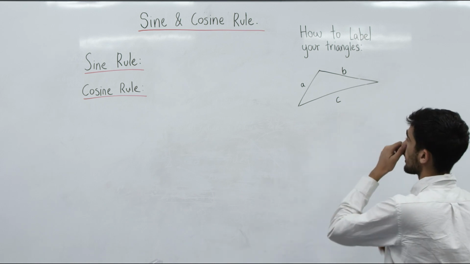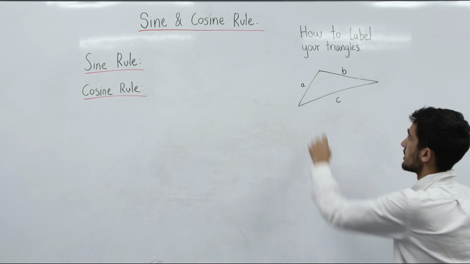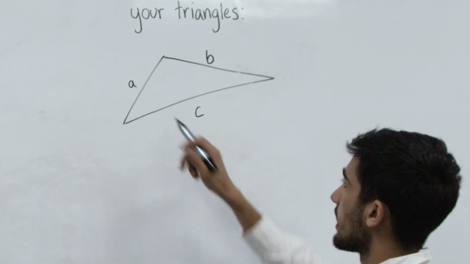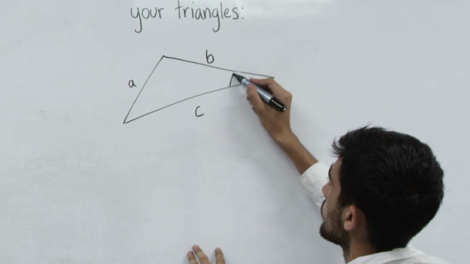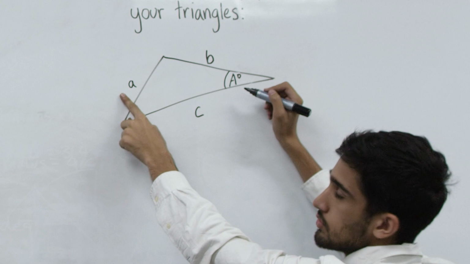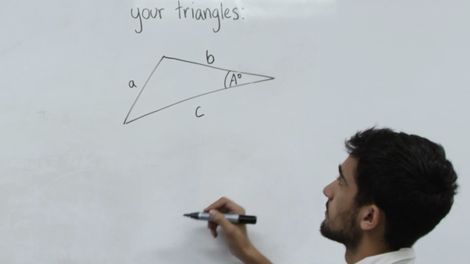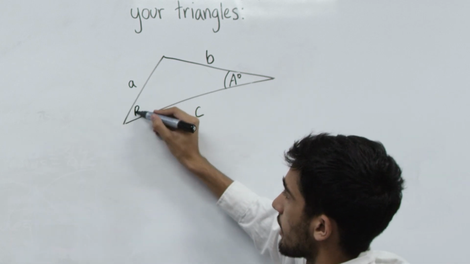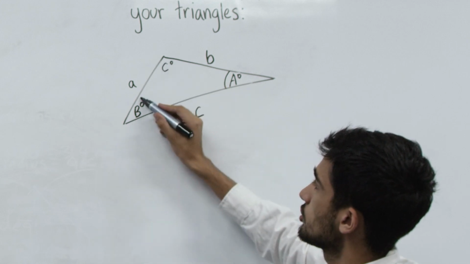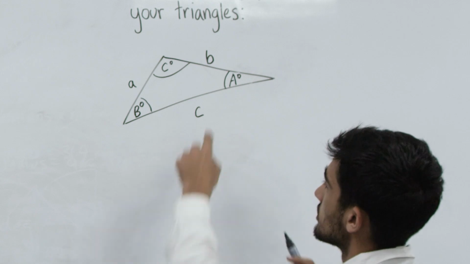The important part about selecting A, B, and C is not which one's A, which one's B, which one's C. The most important part is to make sure that your angle, which we will call A, is the opposite angle to your side length A. And that's the same for the angle B and the angle C. So how do I know it's opposite?